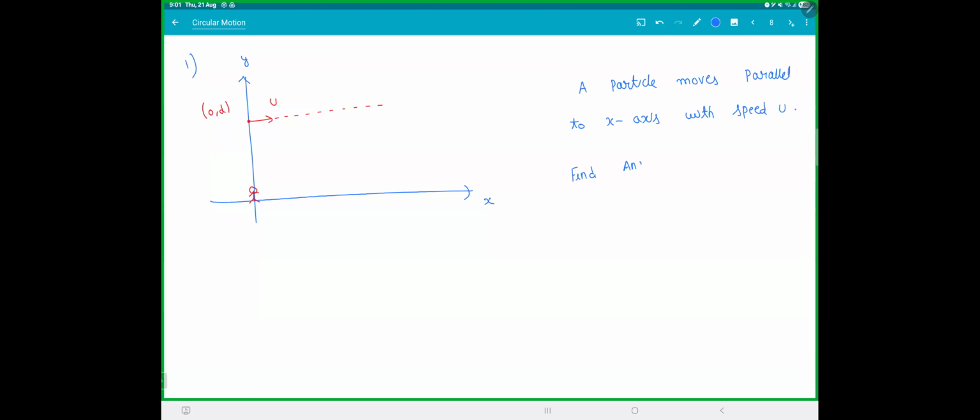Find the angular displacement and angular velocity at time t, as seen by the observer at the origin.